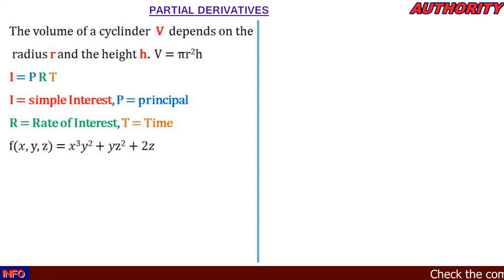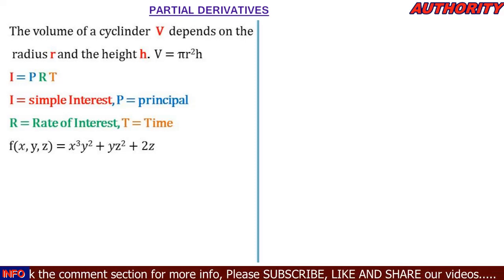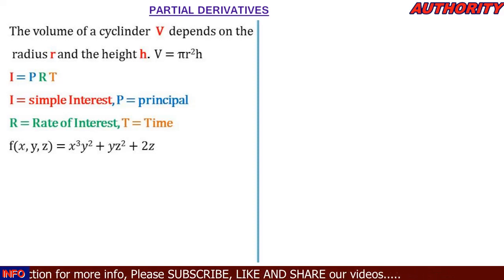So in this function, maybe we are asked to find the partial derivative of f with respect to x. What are we going to do? In this function, we are going to differentiate x and hold every other variable constant. That is, we treat x as a normal x, and every other variable, y and z, we take as a constant. That is, we hold it constant. You get it, right?